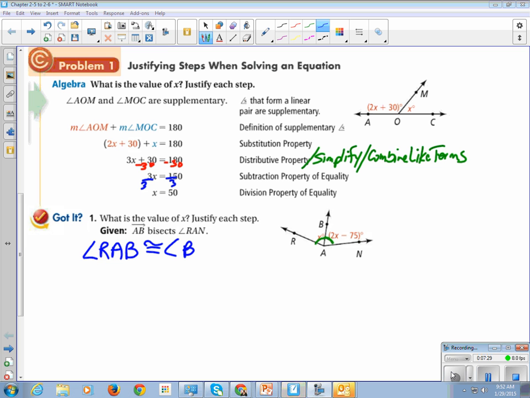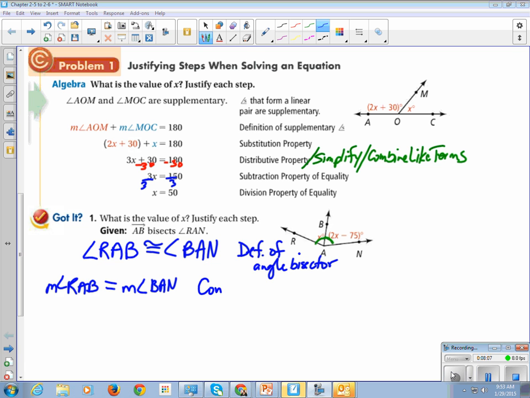BAN. What justification do we use? That's the definition of angle bisector. The next thing we can say is that the measure of angle RAB is equal to the measure of angle BAN. The two measures are equal to each other because congruent angles have equal measure.